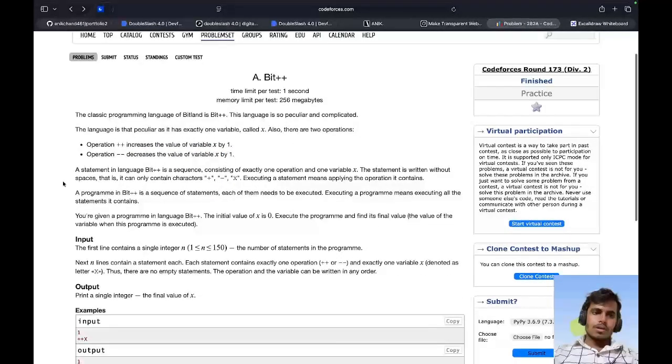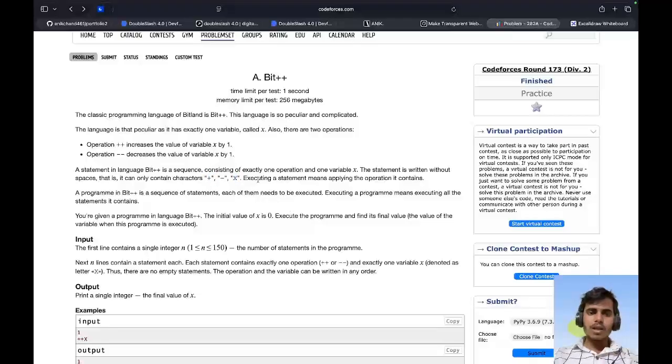Okay. A statement in the language Bit++ is a sequence consisting of exactly one operation and one variable x. The statement is written without spaces. That is, it can only contain the characters plus, minus, and x.